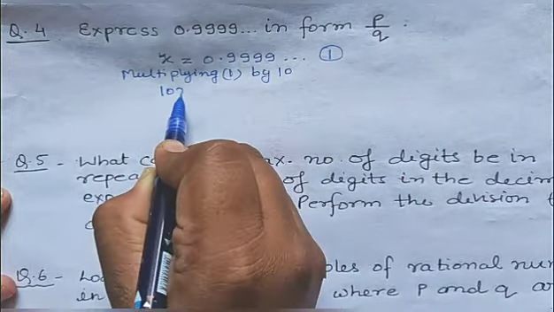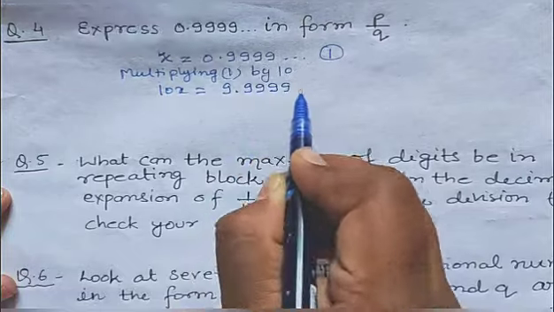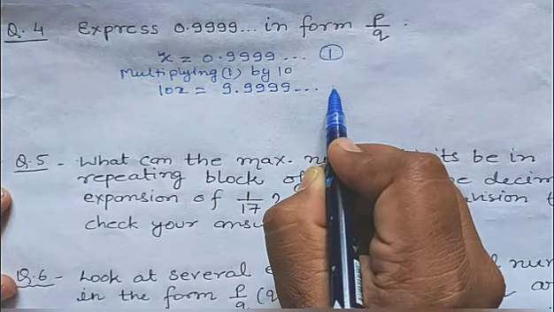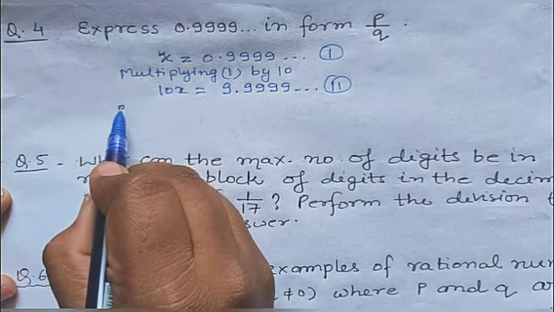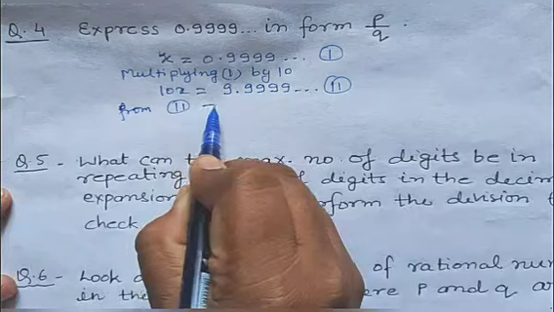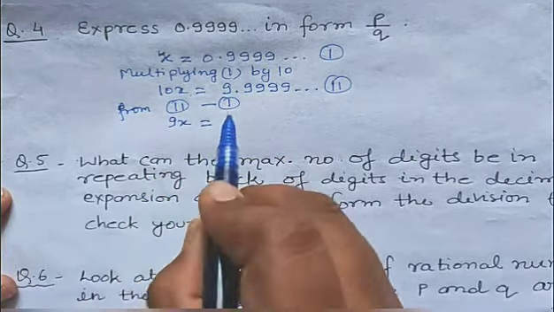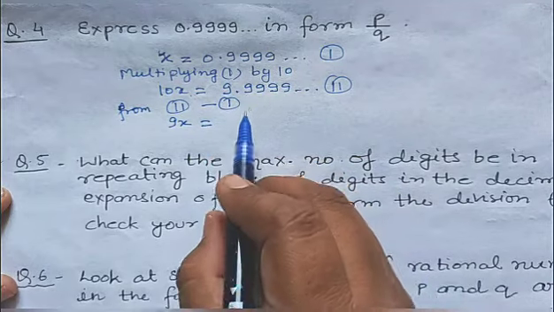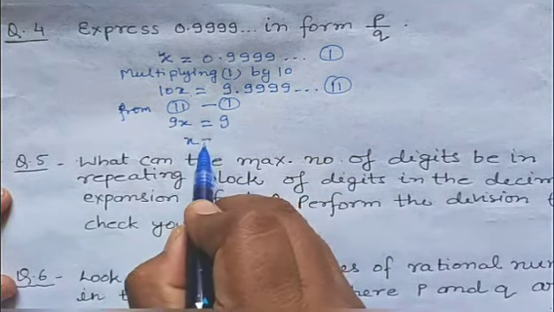So we will get 10x is equal to 9.9999 and so on. Suppose it is the second equation. Now what we have to do is subtract the first from the second: 10x minus x is 9x. On the right-hand side, 0.999 all will be 0. Only 9 is left. So x is equal to what?